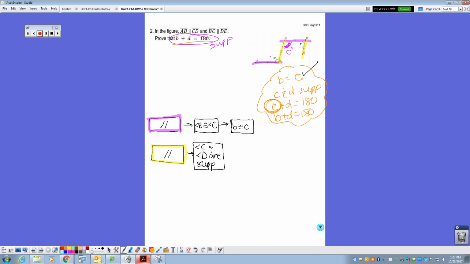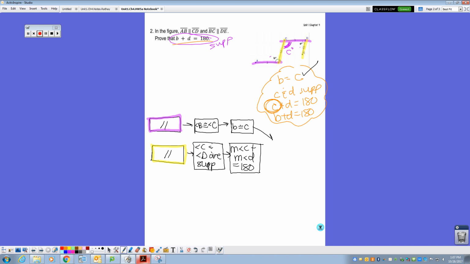We haven't had this reason yet, but it is that if two parallel lines are cut by a transversal, then same side interior angles are supplementary. They're supplementary, then they must be equal. Just kidding. They must add up to 180 degrees.